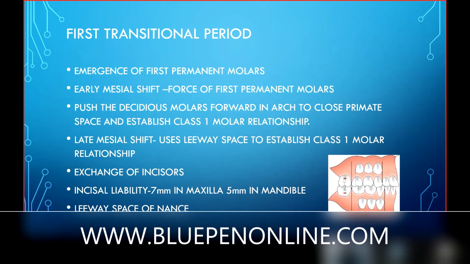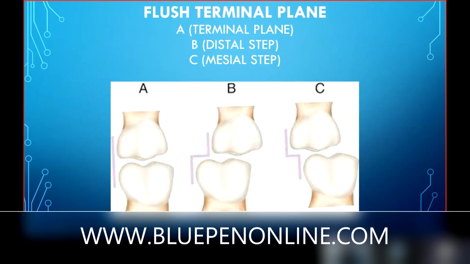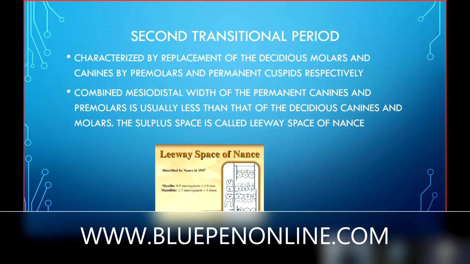Okay. So the leeway space of Nance. What is this leeway space of Nance? I'll show you a picture. The leeway space of Nance is characterized by replacement. The mesiodistal width of the permanent canine and premolars is usually less than that of the deciduous canine and molars.